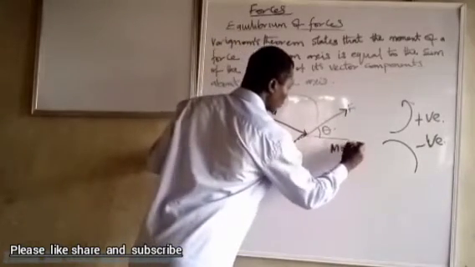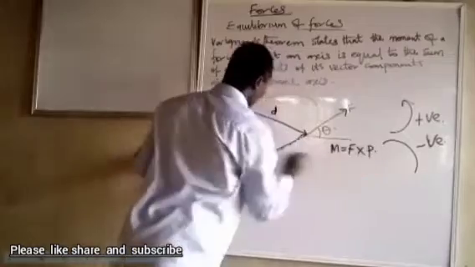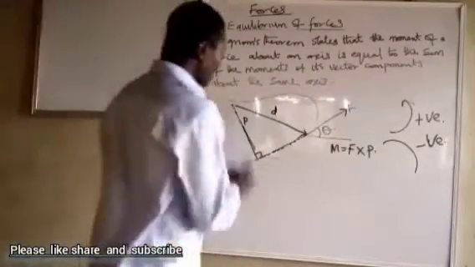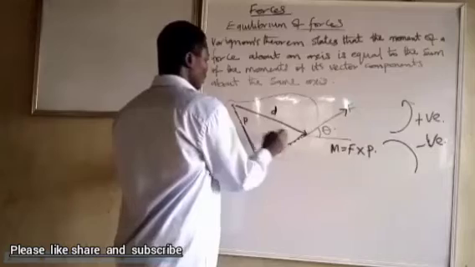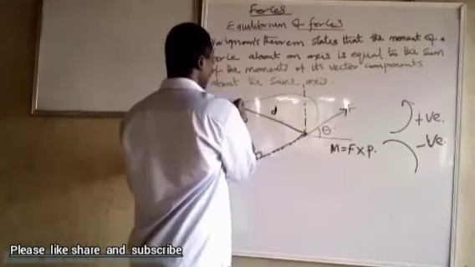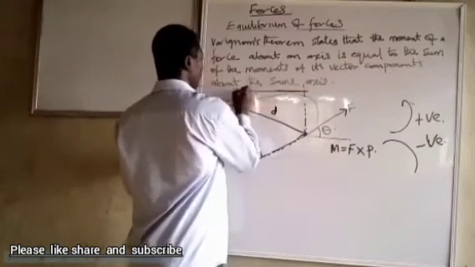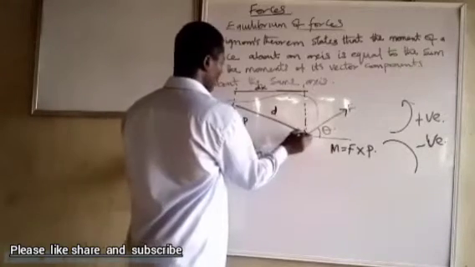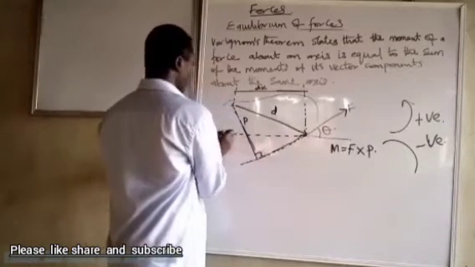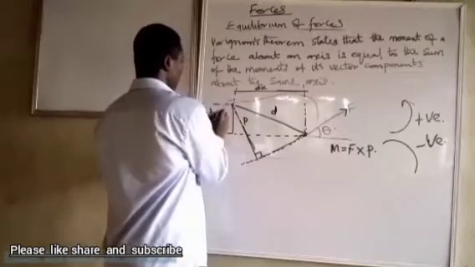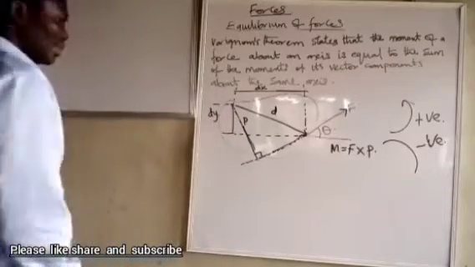M will be equal to L times P. But we want to look at it from a certain perspective. This one, you can see. Let's call this dx, and let's call this dy.